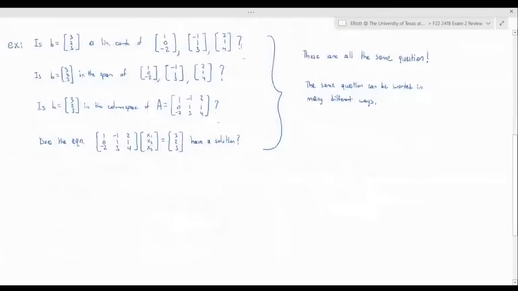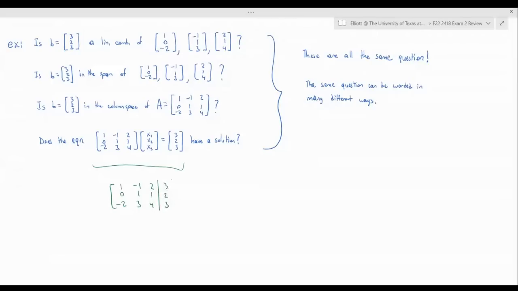But these are all the same because all of them are just checking to see, is B a linear combination of these three vectors that comprise the columns of A? So to answer all of these questions, you just need to try to solve this equation. If you wanted to solve it, you would just do the usual elimination to see if a solution exists.